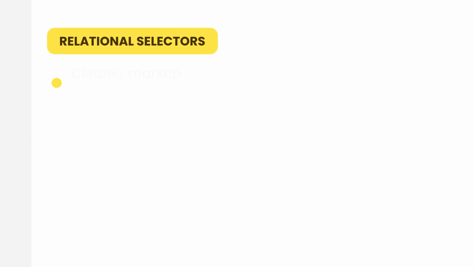So relational selectors help us write cleaner markup because we don't have to assign IDs and classes to various HTML elements. But there are 2 problems with relational selectors that you need to be aware of. The first problem is that they can be fragile because they're dependent on the location of these elements in the DOM. So if you move elements around, our styles will break. Let me show you what I mean.